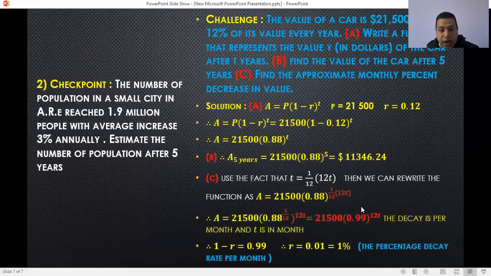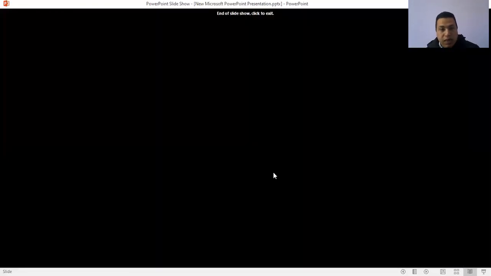And the decay here is the monthly decay. It is 0.99, which is equal to 1 minus r, and using the fact that 1 minus r equals 0.99, we get r equal to 1 minus 0.99, which is 0.01, which is equal to 1%, and this is the percent decay monthly, or per month.